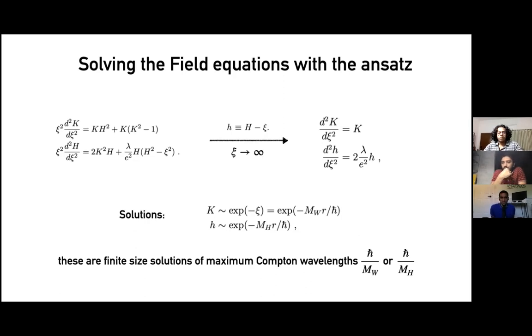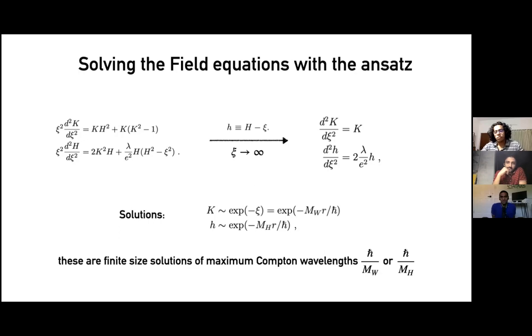And that gives you the impression of there being some object with a finite spatial extent. So there's a finite size to these solutions with a maximum Compton wavelength given in terms of 1 over the mass of the W boson, or 1 over the mass of the Higgs. Right, so that's the point of doing this.